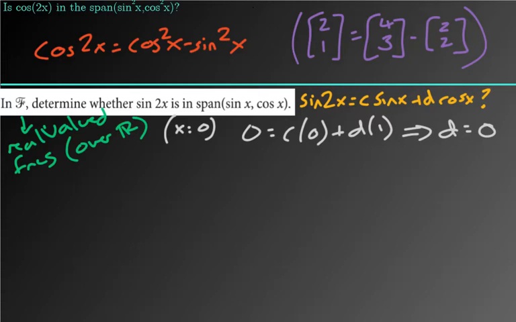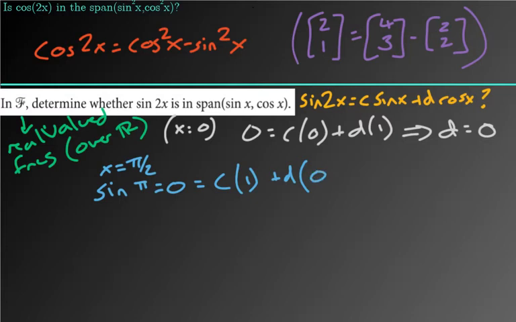Let's just do another one here. Let's take x to be pi over 2. Just picking nice x's that we can deal with, right? Then it's going to say sine of pi, which is equal to 0, is going to equal c times sine of pi over 2, which is 1, plus d times cosine of pi over 2, which is 0.